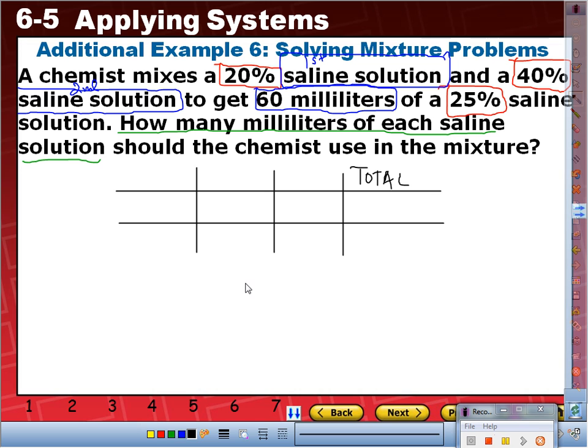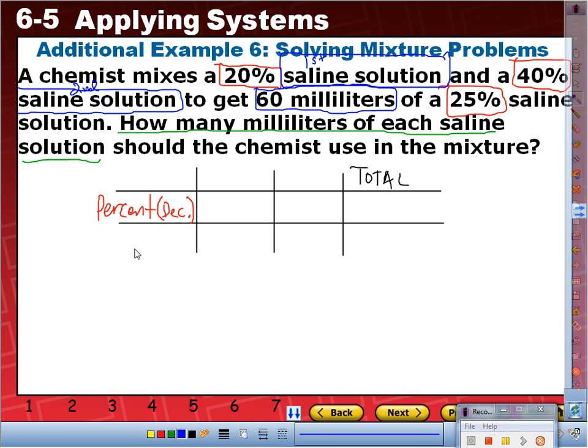Okay. Now check this out. On the item problems, what did we write on the first line? Wasn't it cost? But does this one have cost? What does it have? So we're going to write percent, and in parentheses, write decimal. We need to convert that into a decimal. Are we there so far?